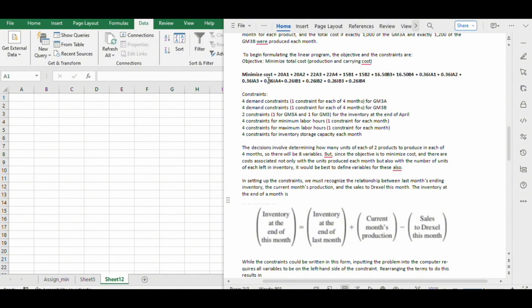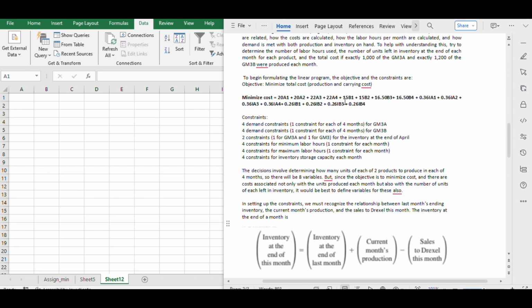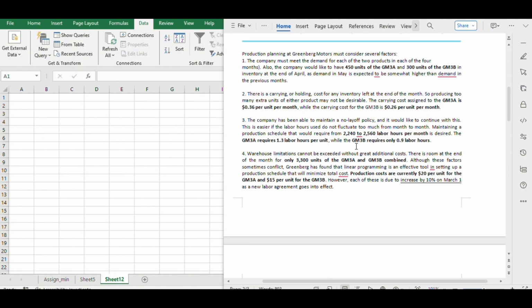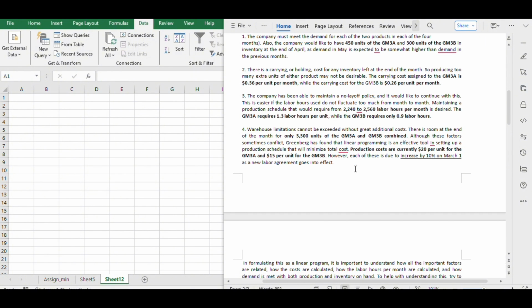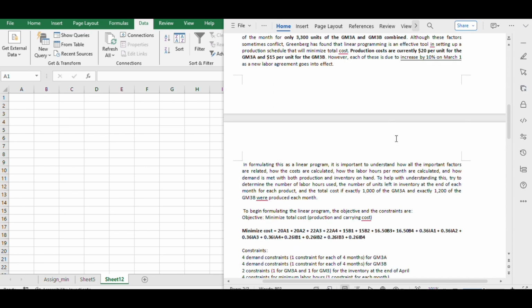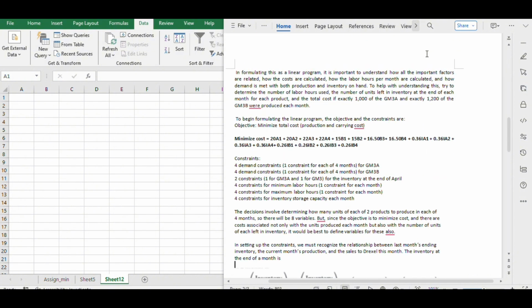As you can see in the minimization cost, there is already a value on each of the variables. From the production cost, it is already stated that there is $20 for GM3A and $15 for GM3B. Then there is an increase of 10%. So 20 for January, 20 for February, and then we add the 10% increase to the 20, which is 22 for March, and 22 also for April.